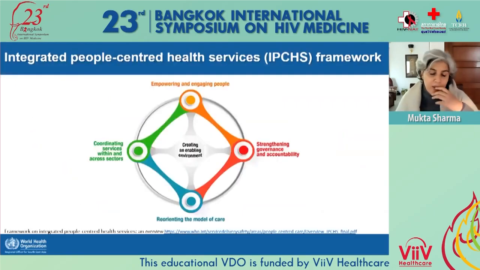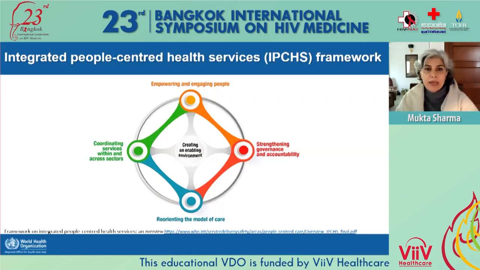Now, according to WHO, in the 69th World Health Assembly, there was something which was agreed, and that is the Integrated People-Centered Health Services Framework. And as you can see, this framework that was adopted by all member states in the 69th World Health Assembly has 5 key pillars.